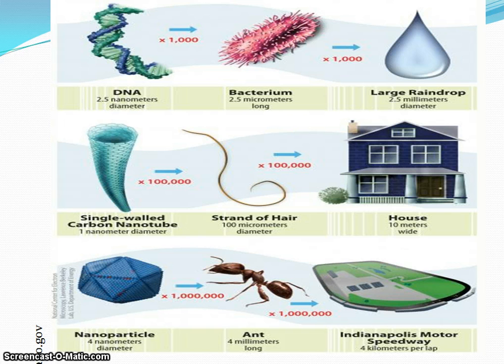Next, of course, is this carbon nanotube, which is grown on a nickel plate, but that is 10 or 100,000 times smaller than a human hair. That's huge, or teeny, I should say. And of course, our nanoparticle, a million times smaller than an ant. And an ant's pretty small.